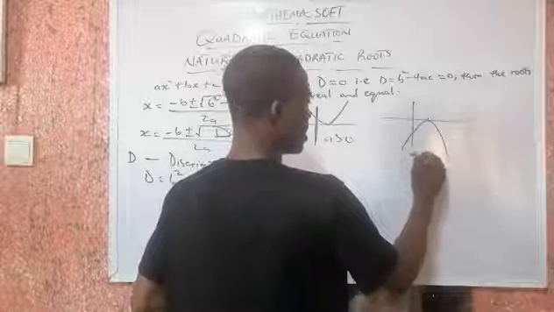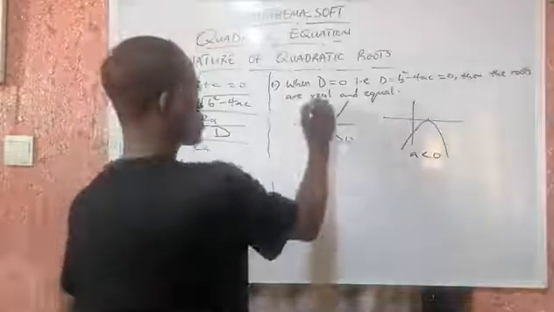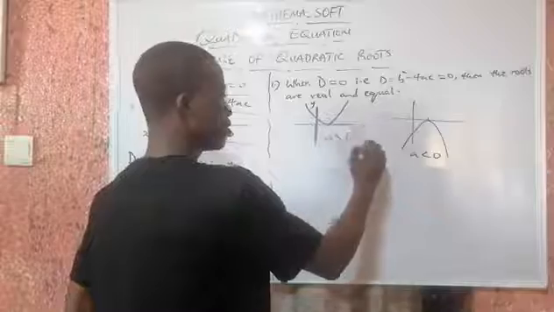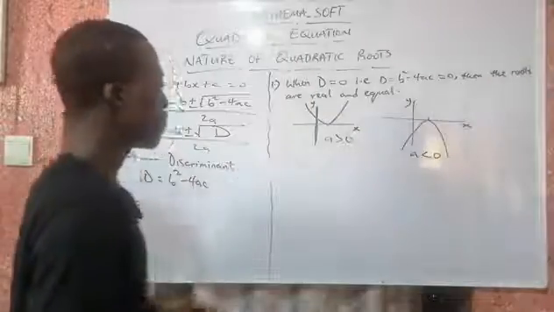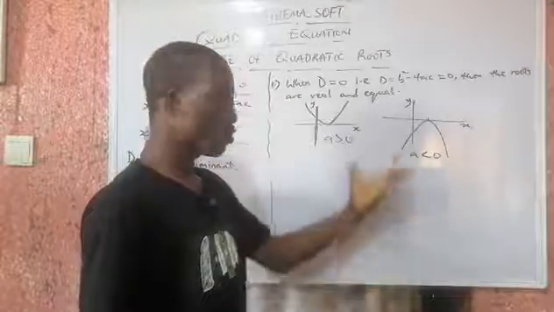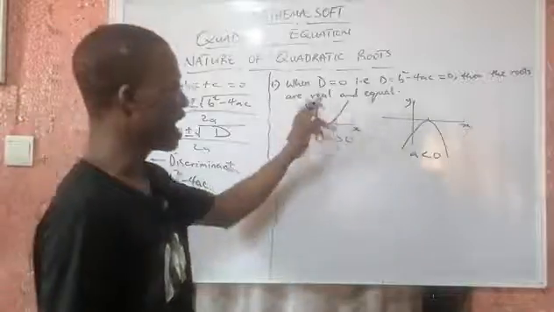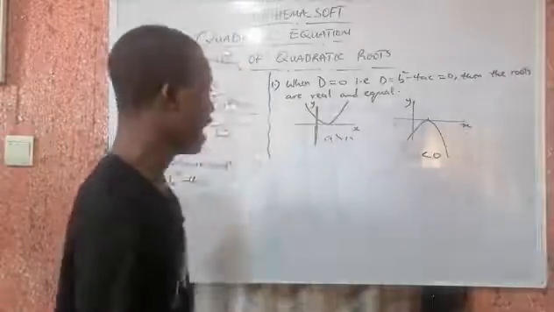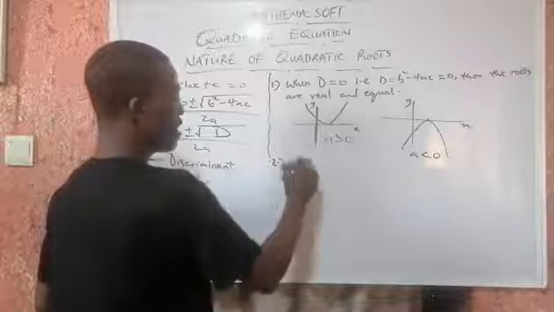That's when a is less than 0. So these are the two conditions of how the graph of a quadratic equation whose discriminant equals 0 will look. So when d equals 0, the roots are real and they are equal.